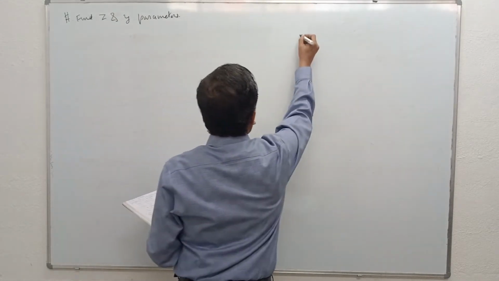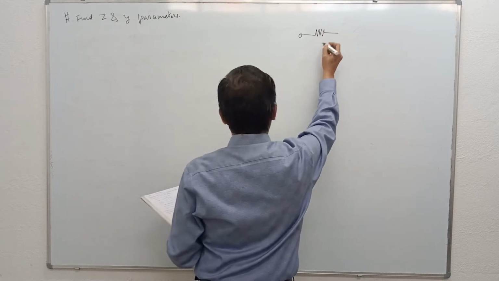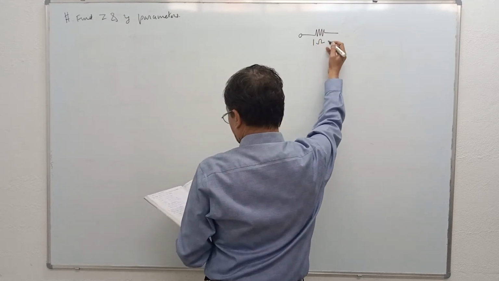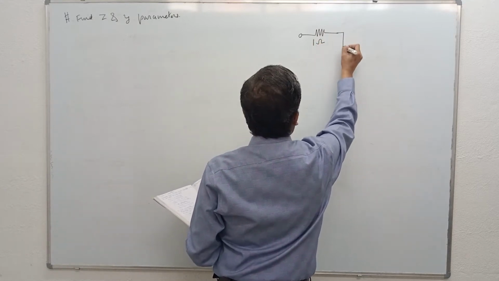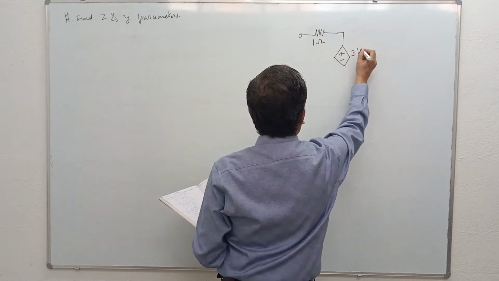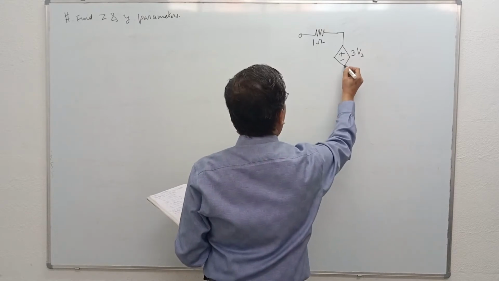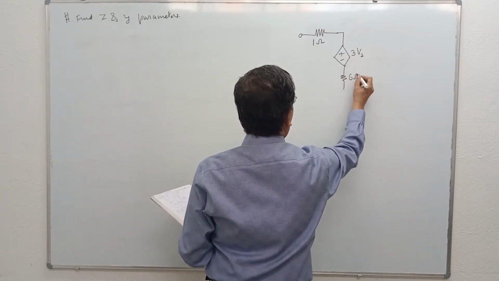The network is: this is 1 ohm, this is the voltage source, plus minus 3 V2, in series with a resistor of 6 ohms.